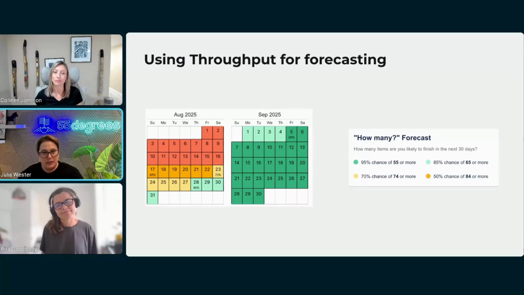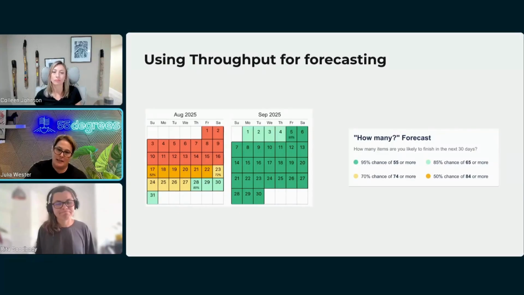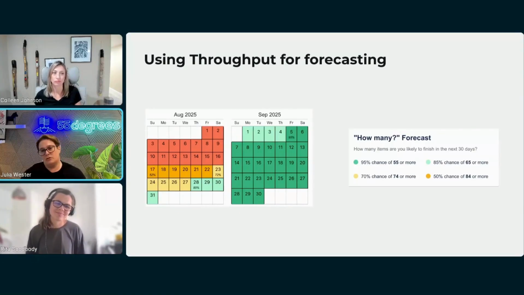And I'll just cover really quickly the reason that we do that is simply because what we're trying to forecast is when you'll get work items done. Throughput is directly a measure of work items and the rate at which they're done. I don't need to back out into a proxy of work, that's a step farther away. So that's one of the reasons why we use that.